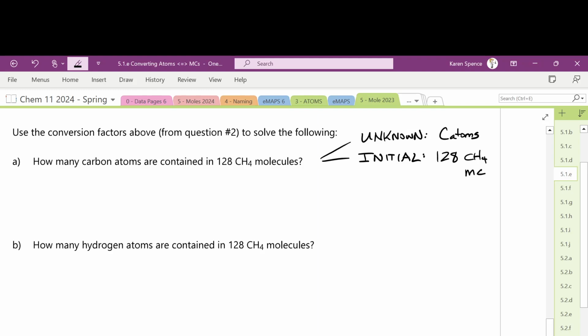So if you're stuck, remember, your unknown is equal to your initial, and then you'll multiply by one of the conversion factors.